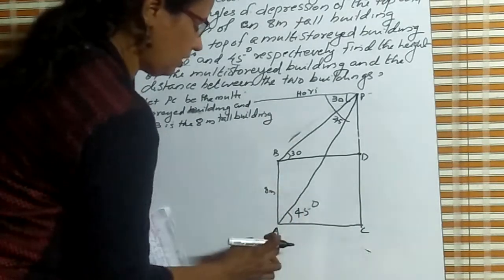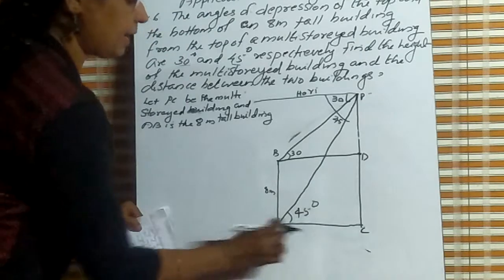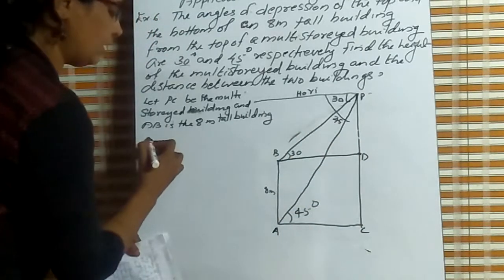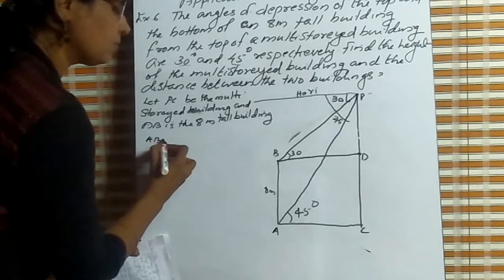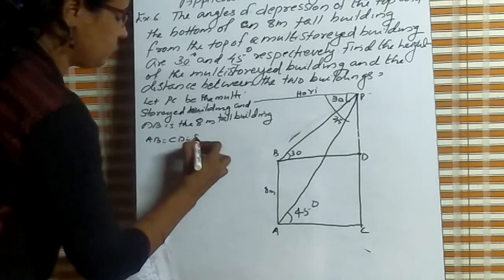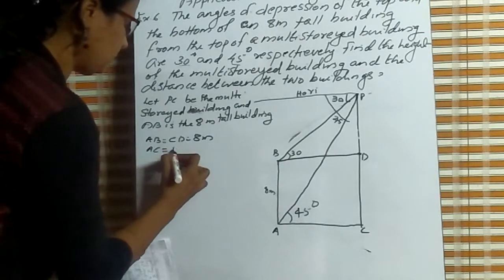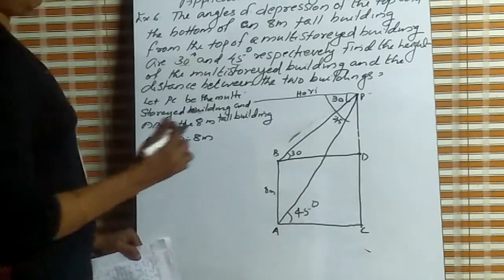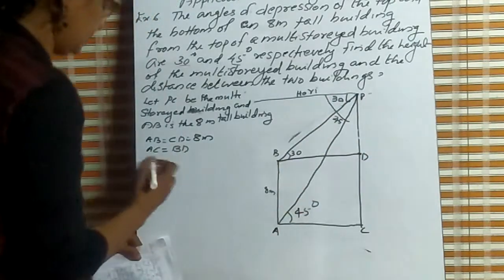Here, what about these two? AC and BD are equal, and AB and CD are equal. So AB is equal to CD is equal to 8 meter. Then AC is equal to BD. Now, consider the right triangle PDB.